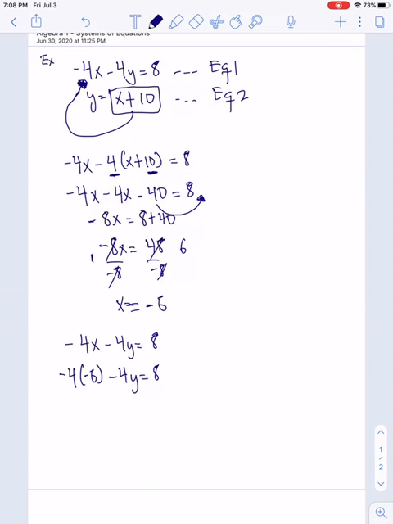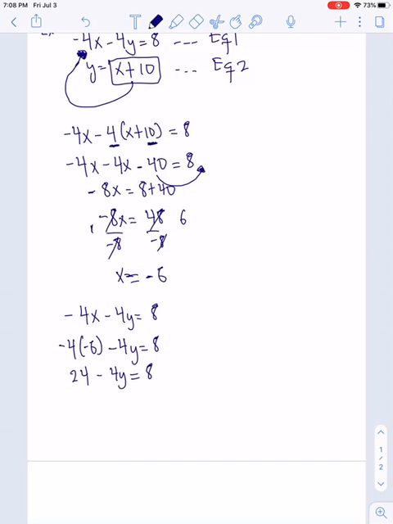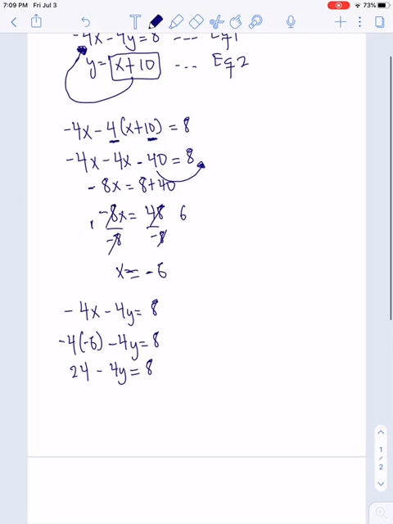And negative 4 times negative 6 will be a positive 24 minus 4y equals 8. Now we're going to group like terms. The 24 and 8 are like terms, so we're going to bring it to one side of the equation. It doesn't matter whether we bring it to the right or to the left. So in this situation, I'm going to bring it to the left.